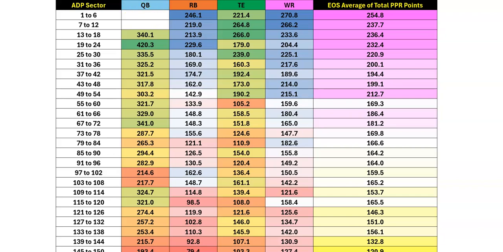Tight ends. Tight ends are a little bit more variable. And if you look here, the top tight ends, we're having some great tight ends even to the 18th pick, right? And even the 30th pick. So it's a lot looser than that. Here's 190 about to the 54th pick.